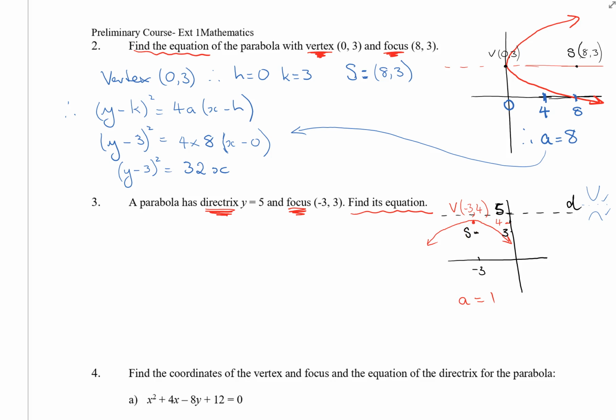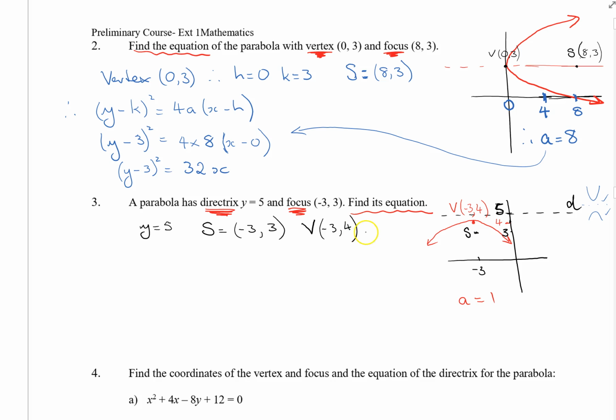So, coming back, let's write down what we're given. The directrix y is equal to 5, and the focus is at -3, 3. The additional piece of information, which is really critical to my equation, is the vertex at -3, 4.